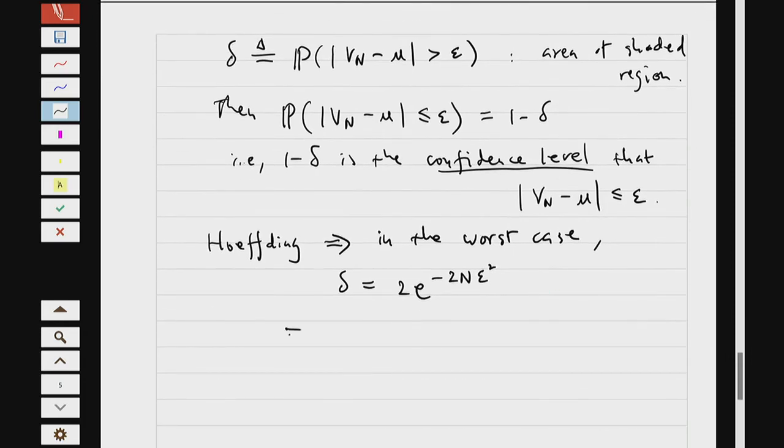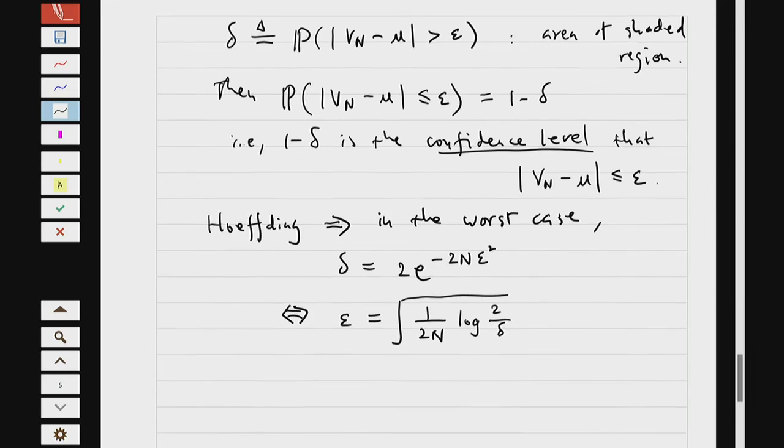Of course, I can solve this for epsilon as well. Given the delta, if I ask what is epsilon, then it will be the square root of 1 over 2m times log of 2 over delta. This is the natural log, as always, if we don't specify. You can see that epsilon and delta are in opposite directions.